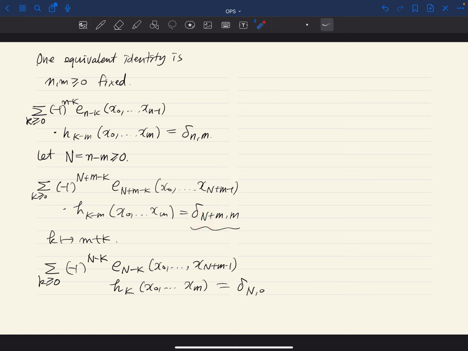Now, if N is equal to 0, this only survives when N is equal to 0. So actually this is irrelevant. You can ignore this, because if it's non-zero, the whole thing is going to be 0 anyway. So let me replace this by just k.